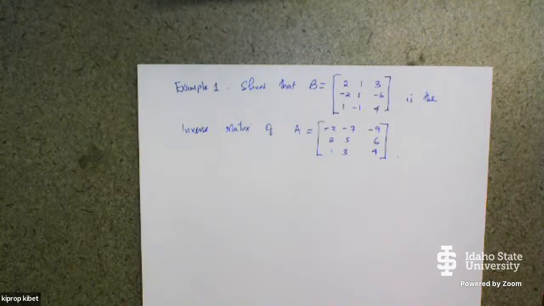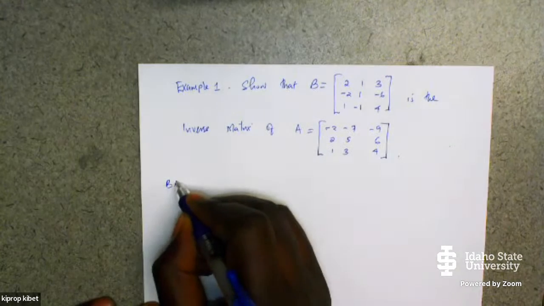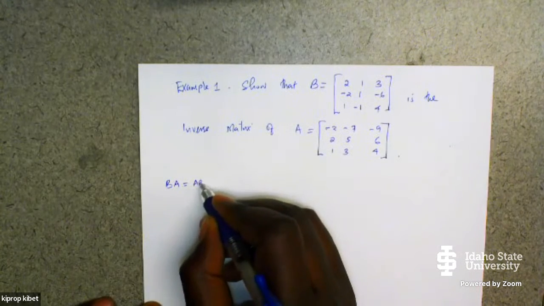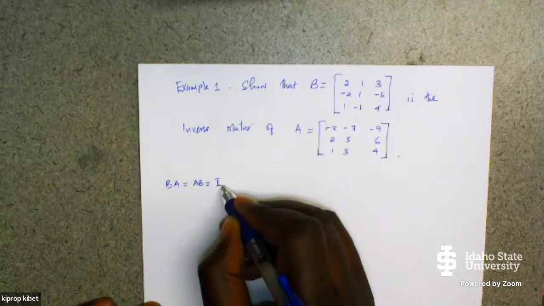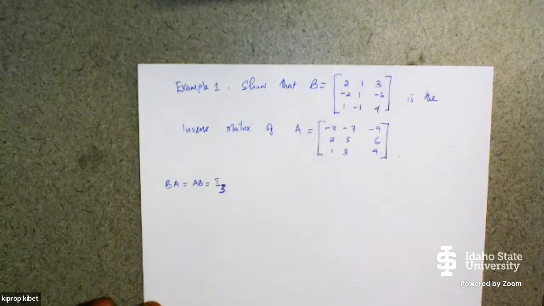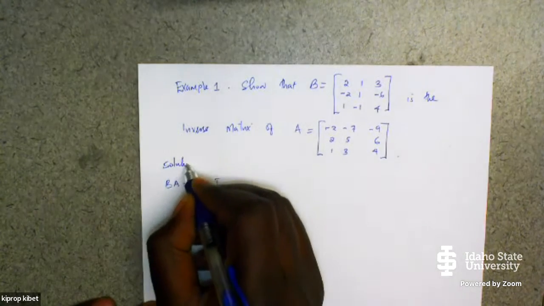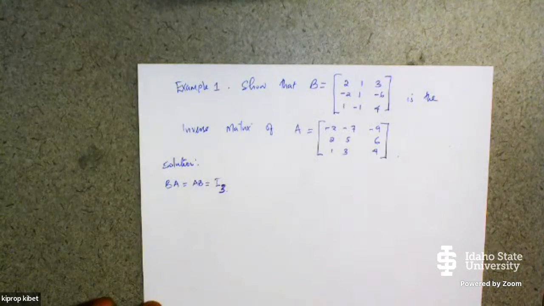So what you need to do here is check whether BA equals AB equals what? I, and these are 3 by 3, I3. So the solution: that is what you need to check.